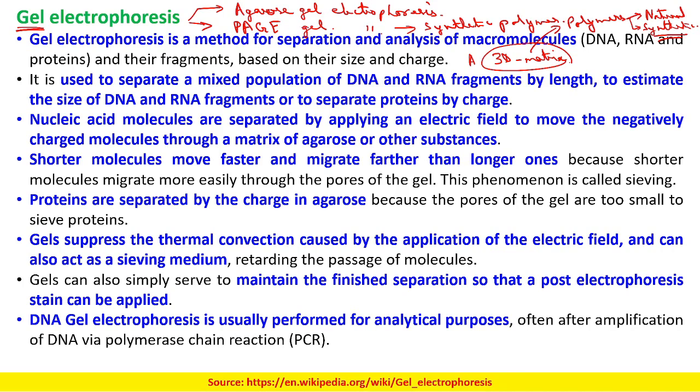So here we will not consider this gel. In the first one, we have the natural polymer. PAGE in itself is polyacrylamide gel electrophoresis, so hence I have cut this. Please note it down: agarose gel electrophoresis and PAGE.